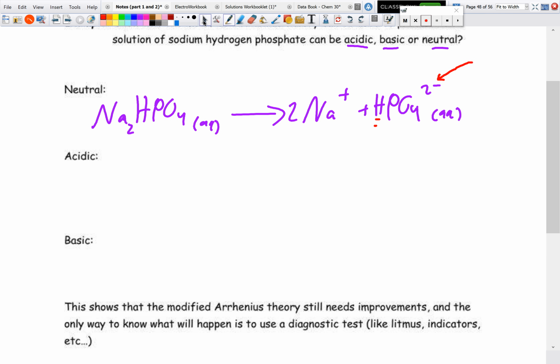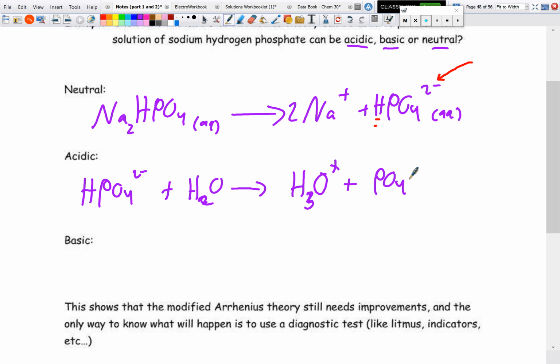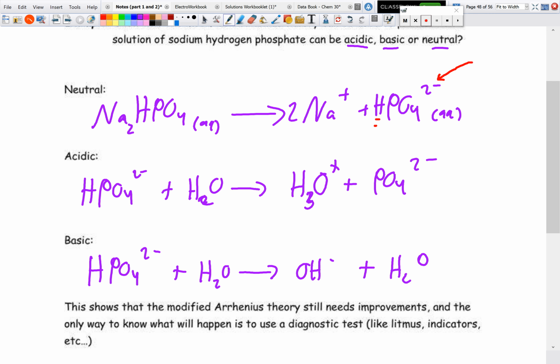Now, once again, if we knew the results, we can prove, well, if this, for example, does act acidic, then we'll know HPO4 2 minus can react with water to produce hydronium. In this case right here, it's going to be PO4 2 minus, or it can act basic and produce this.